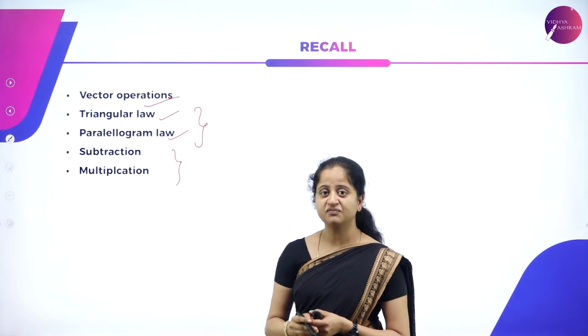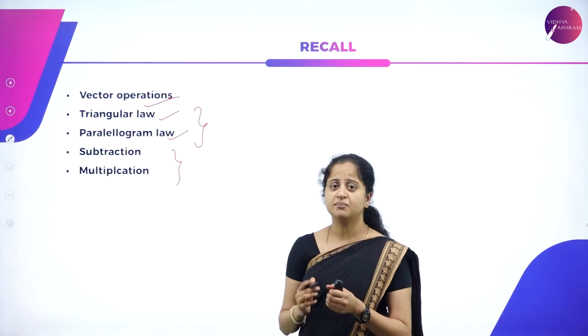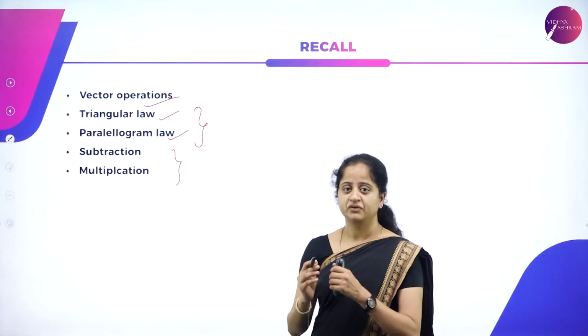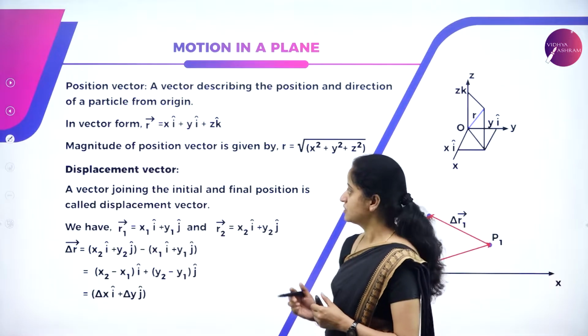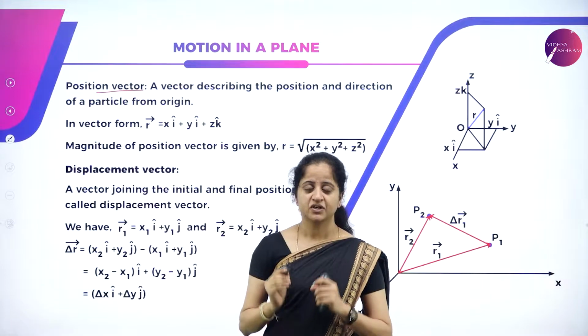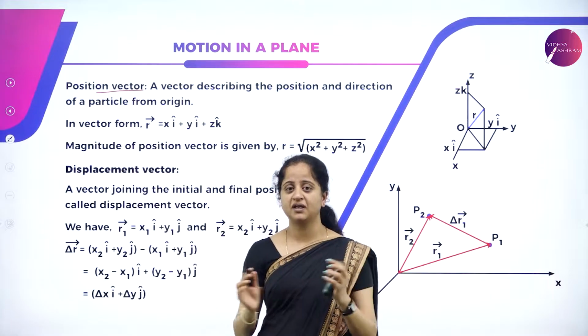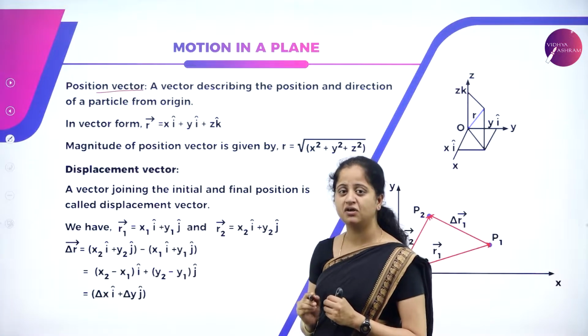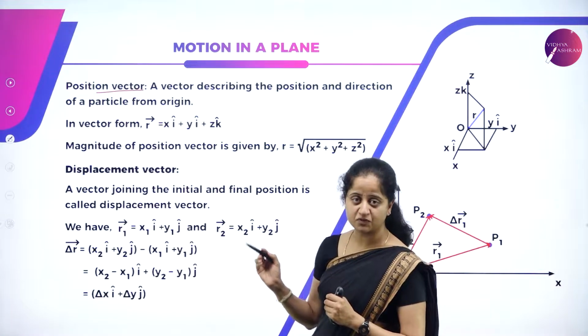So in today's session, we are going to discuss some more important terms involved in vectors and also a few more interesting concepts. So the next important term is position vector. In understanding the total operations with respect to vectors, we need to understand certain important terminologies. So let us now see what is position vector.